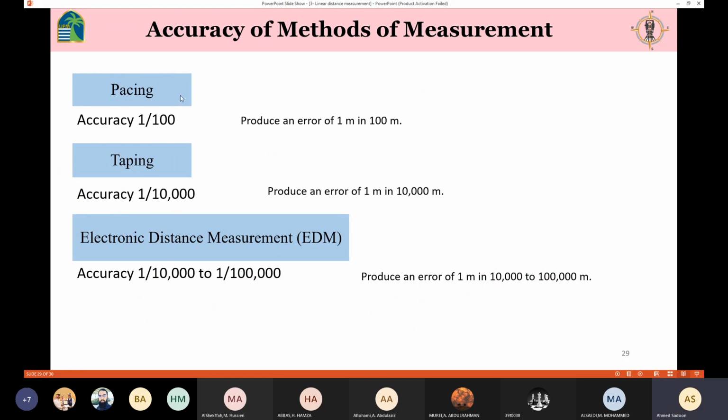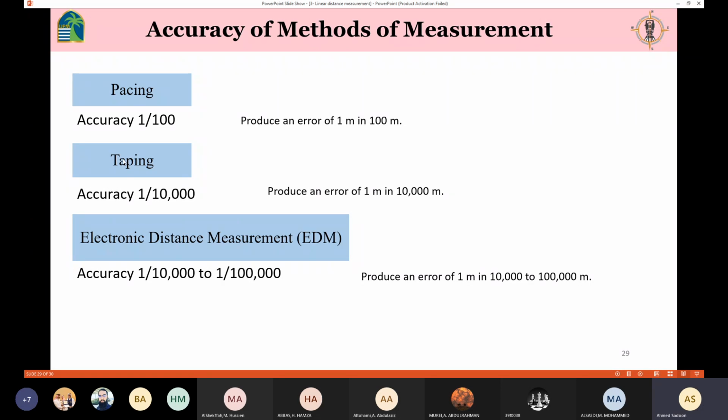The accuracy of pacing is 1/100, which means that if you use the pacing method, you are going to produce an error of 1 meter in 100 meters. So if you measure 100 meters, you are going to have a mistake of plus or minus 1 meter. That is the expected error.